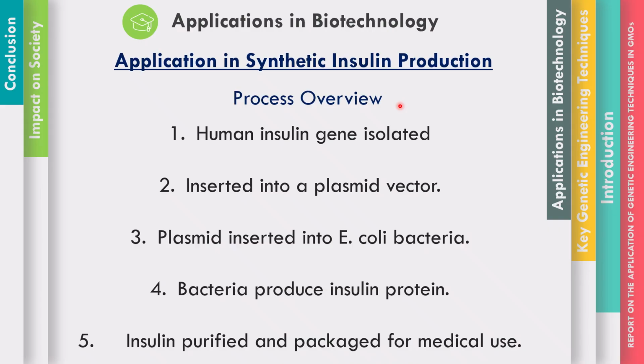Process overview. The human insulin gene is isolated, inserted into a plasmid vector, the plasmid is inserted into E. coli bacteria, the bacteria produce insulin protein, and the insulin is purified and packed for medical use.